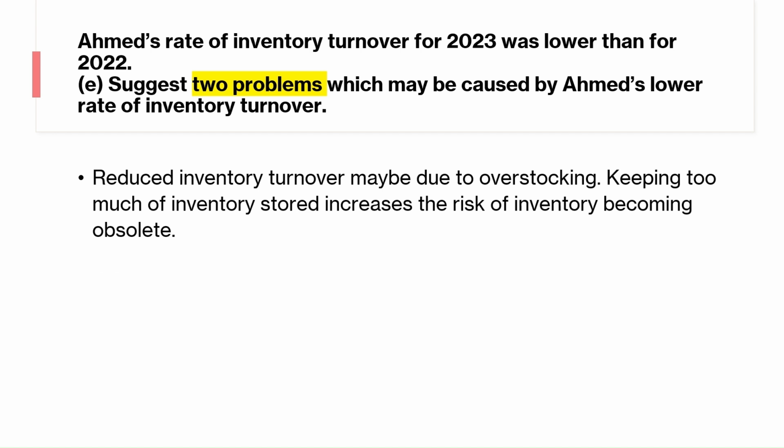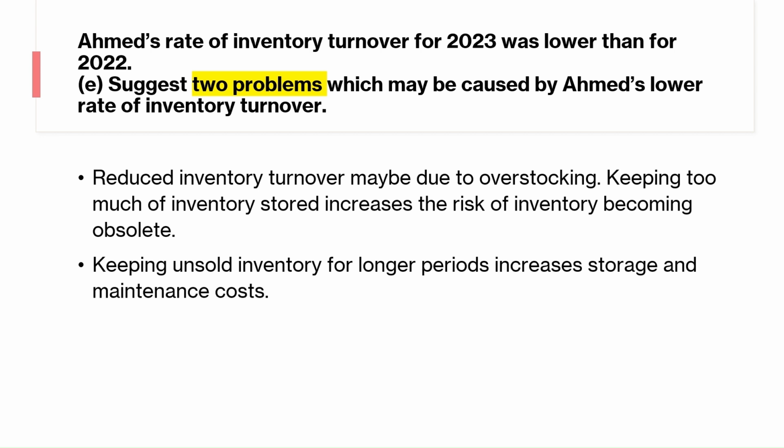And another problem of keeping unsold inventory for longer periods is that there will be high storage costs. It will increase the storage and maintenance costs. So these are 2 points that you can mention. So when it comes to questions like this, so this is just a 2-mark question, you simply can write it briefly, but I've explained it over here to make sure that you understand my point.